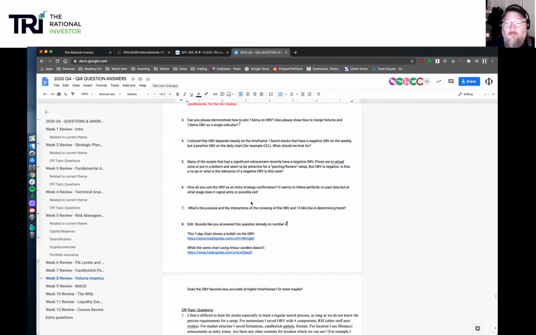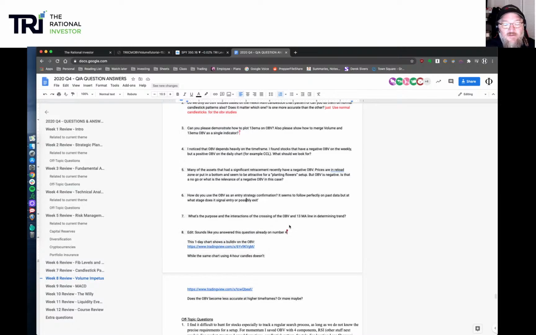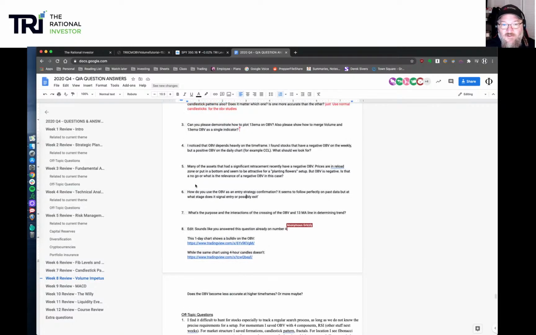That market structure is going to tell us where to enter. It's going to tell us where to set our stop. Our setup is going to tell us where we exit the trade. So we don't really use OBV by itself as an entry or exit indication.